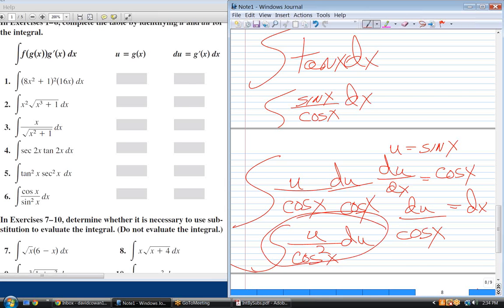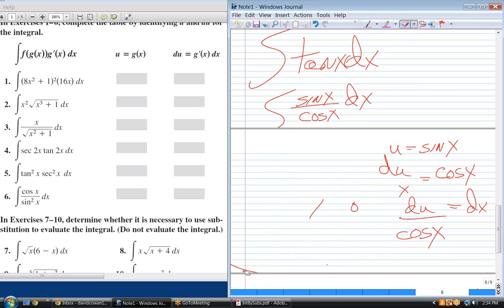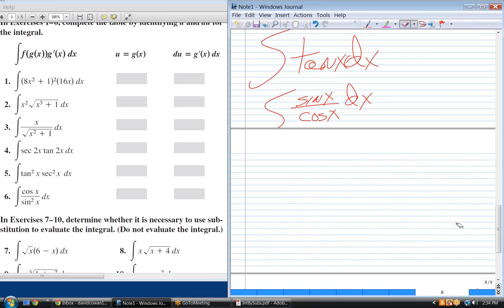It's got both a u and an x in it. So letting u equal the numerator did not work. It does not allow us to solve that integral. So you always have to remember that whatever you let u equal to, the derivative is going to end up in the denominator and cancel out that.